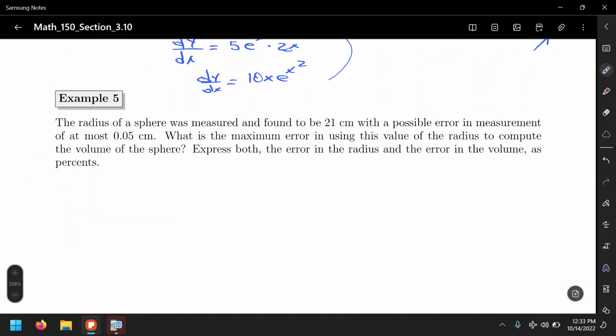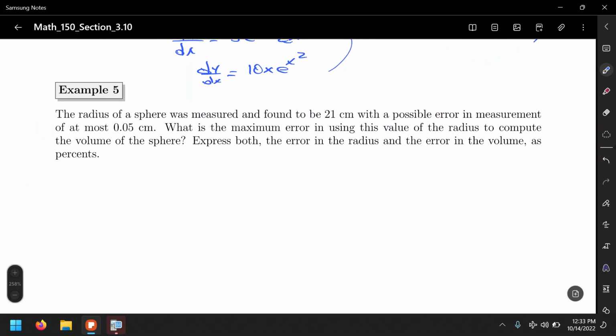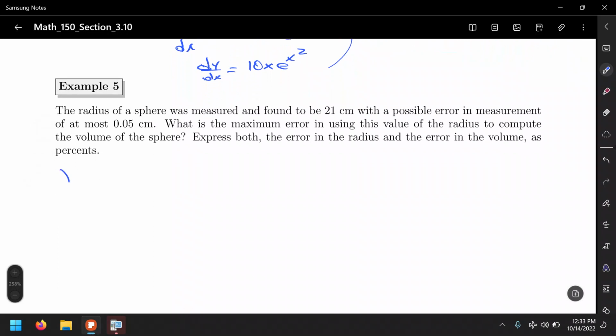So let's think about it, it's a sphere and it's all about volume. Let's use the formula for the volume of the sphere, which is 4/3 pi r cubed. Now we're going to take the derivative of the volume, but be careful because we just looked at related rates problems last class and during the last couple of lectures.